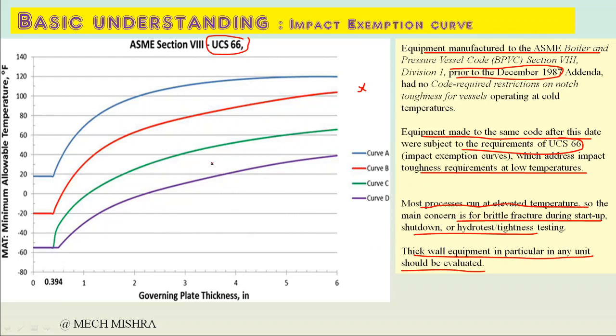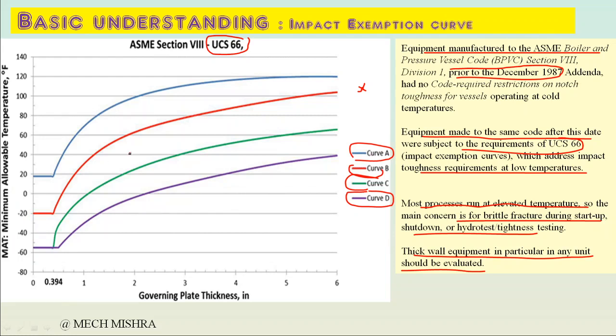Now how can we confirm whether my equipment requires this impact test or not? As per code, they have classified equipment as per curve A, curve B, curve C and curve D. So you can find the list of equipment governed by curve A, curve B, curve C, curve D. This is thickness versus temperature. So we have thickness given and temperature given.